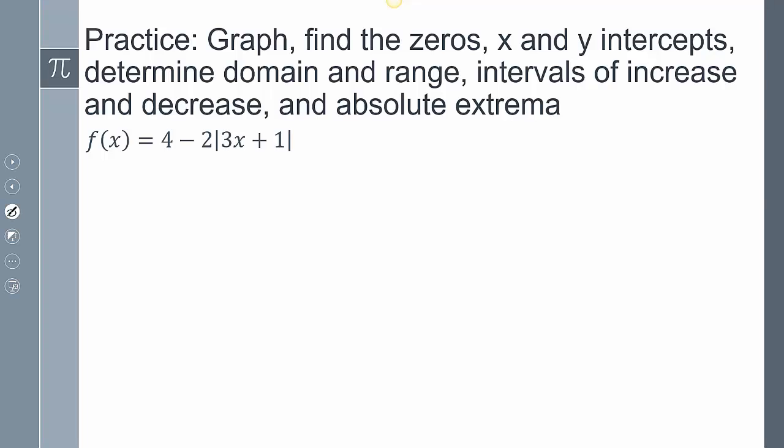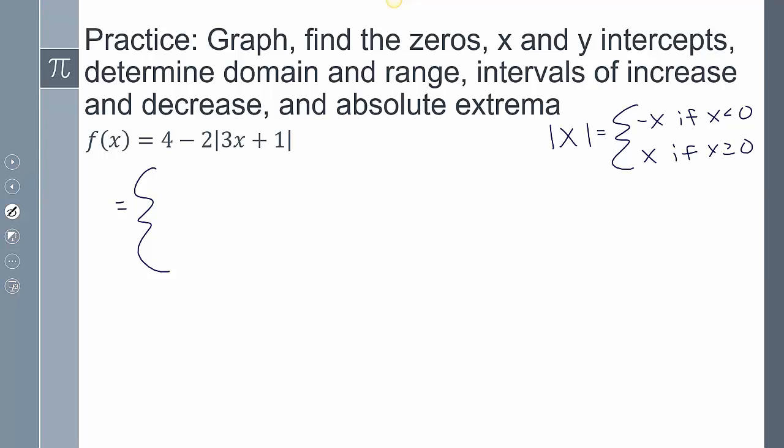For this one here, 4 minus 2 times the absolute value of 3x plus 1. So to set this one up, I'll write the definition out. So negative what's inside my absolute value. Well, everything else stays the same.